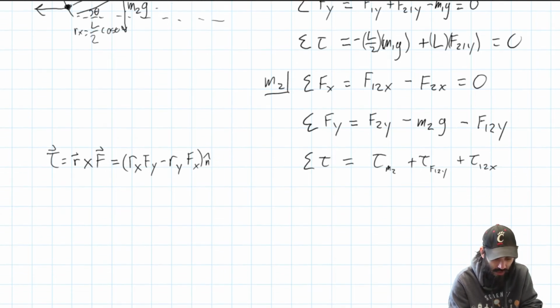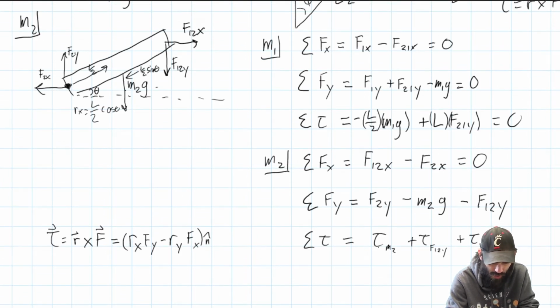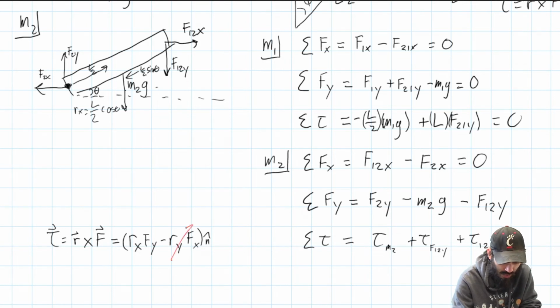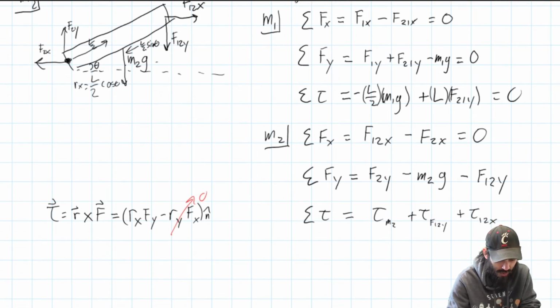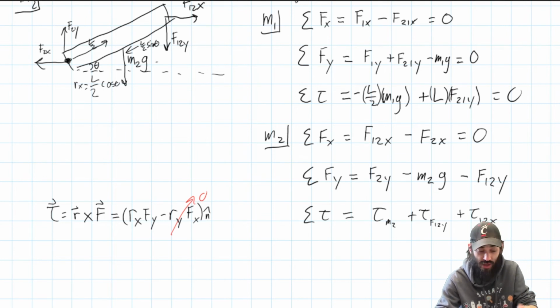We can see then that really what we're going to have for this first one, the torque from M2, we know that there is no component of gravity that's going to be in the x direction, right? So for the force of M2, this component right here is going to be 0, okay? So what we have is just Rx times Fy.